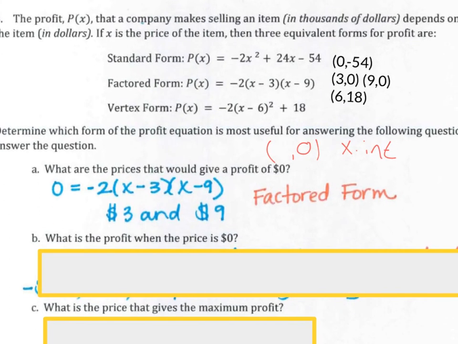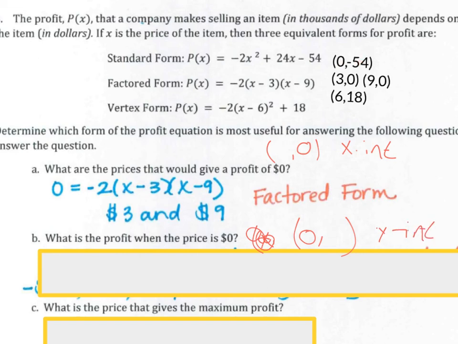What is the profit when the price is 0? So it tells me I'm charging $0. So I'm going to plug 0 in for x. What's the profit that would result from that? So it's going to be x is 0, y is something. Well, 0, something, that's going to be my y-intercept. And we already know the y-intercept.